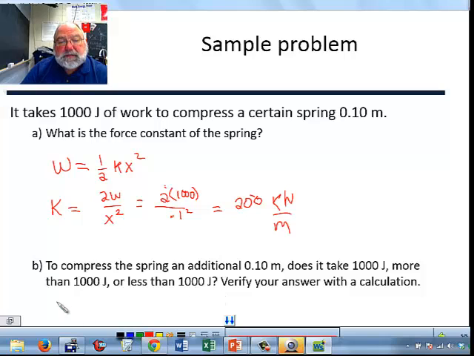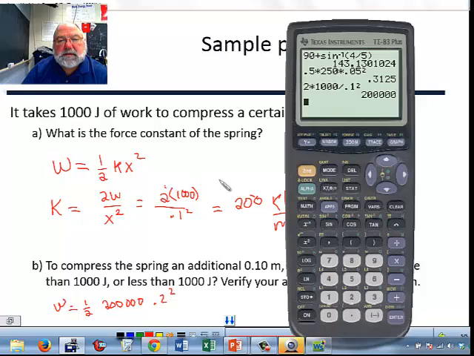So the work is equal to 1/2 times 200,000 times, well, we're going to now compress at 0.2 meters, 0.2 squared. Let's go ahead and pull up the calculator again.